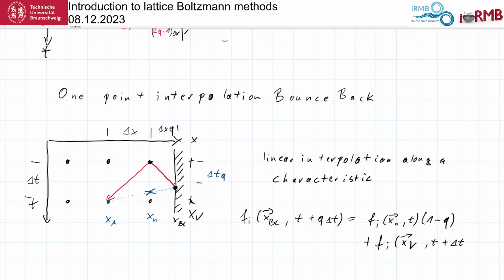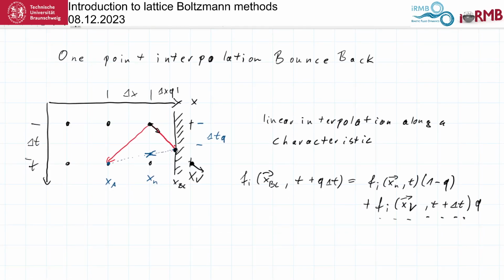So this would be the population down here, and the other one up here, and this is weighted with q.